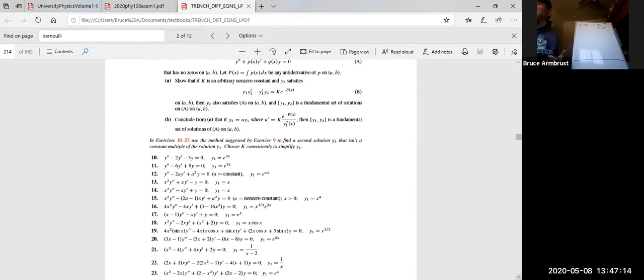And we're going to apply this to the differential equation x squared y double prime minus xy prime plus y equals 0. And we're told y1 equals x. So I think I got all that information. Looks good to me. So I'm going to stop sharing and let's go back to the whiteboard.